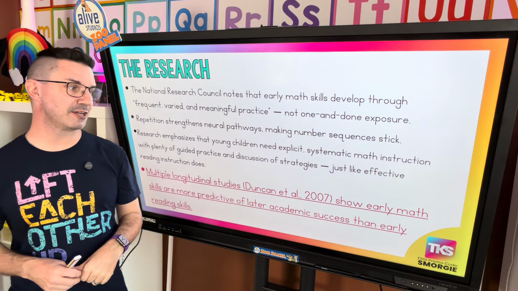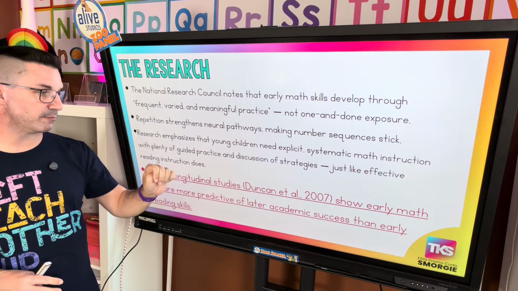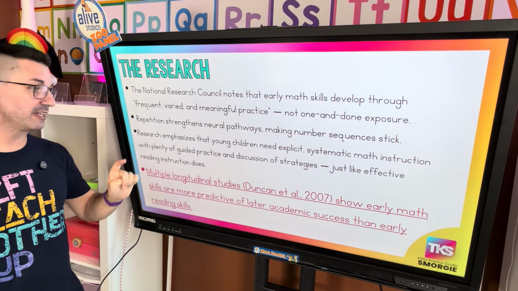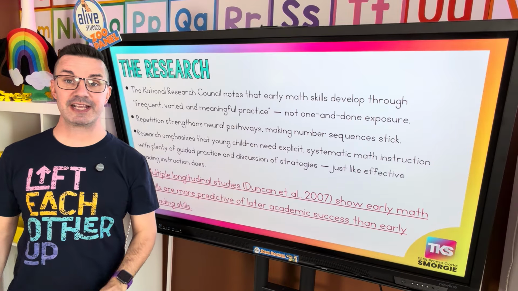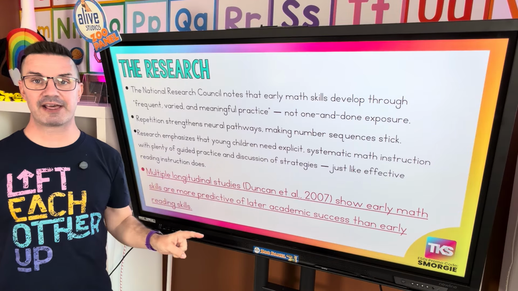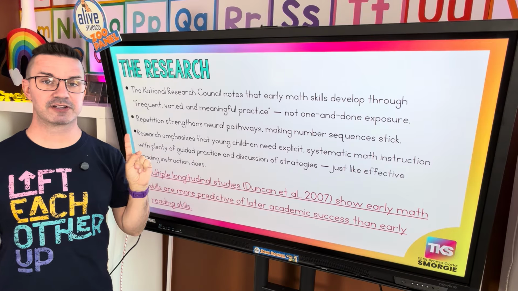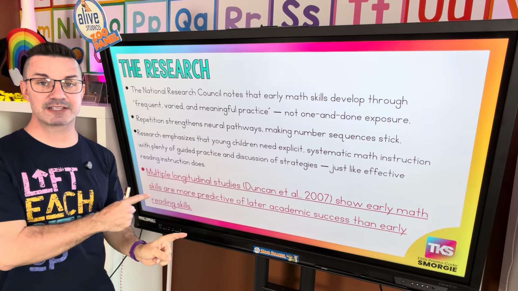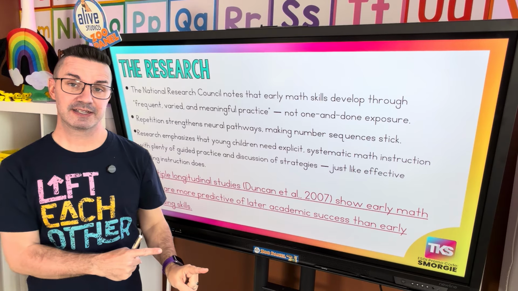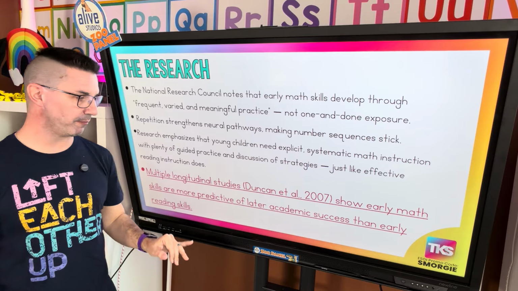Research emphasizes that young children need explicit, systematic math instruction with plenty of guided practice and discussion, just like effective reading instruction. So if we're doing it for reading, we're doing it for math. And this one blows me away, and I have talked about this for years, and I wish we would put the emphasis on math that we do on reading in our classrooms and in our schools and in our curriculums and in our PD, all of the above.